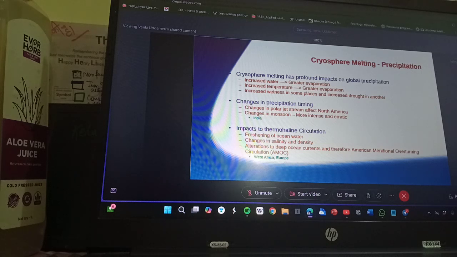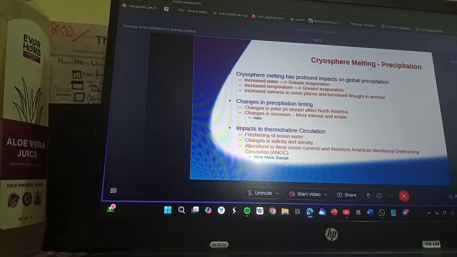In North America, we get a lot of the winter precipitation through the polar jet stream. When the polar jet stream gets altered, places that do get snow, and when we get snow, changes quite a bit. So we're seeing delays in when we start seeing snow accumulating on our mountains, which in turn can be a problem because we want that water to melt later on and provide us with water when we need it.